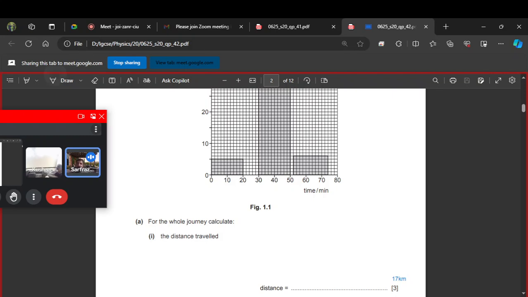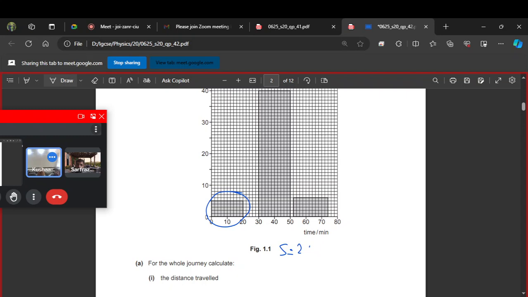Let me tell you how we will calculate. First, we will solve it for this section. In this section, speed is 5 and time taken is 20 minutes. So for this section, distance will be 20 times 5. Sir, but this time is in minutes and the speed is in kilometers per hour. Oh, that's why you are dividing.